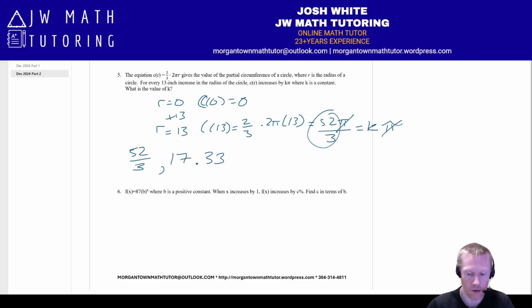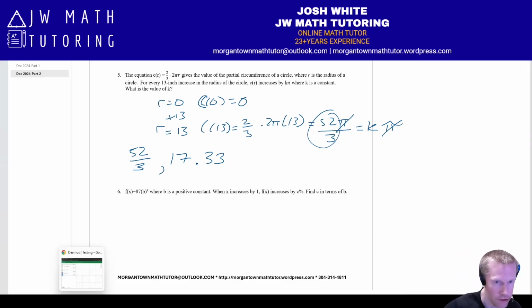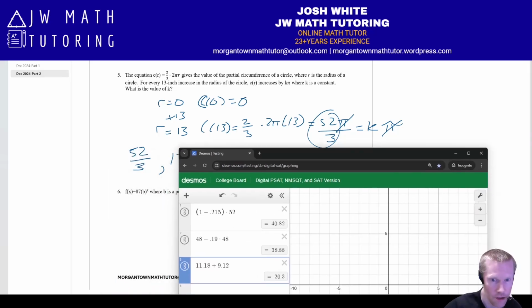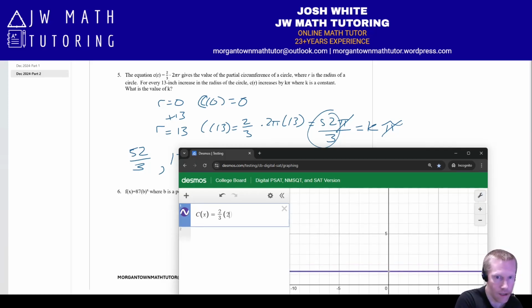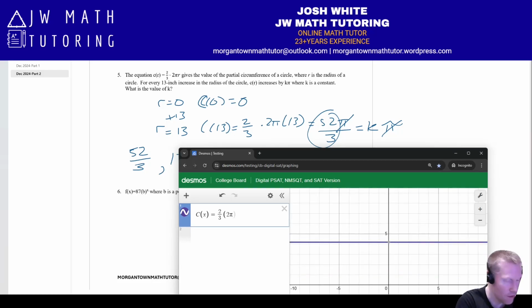And you can also just confirm this using other values. Like I'll just show you quickly in Desmos. If you just define the function, I'm going to use x instead of r. So we have 2/3 times 2 pi x.